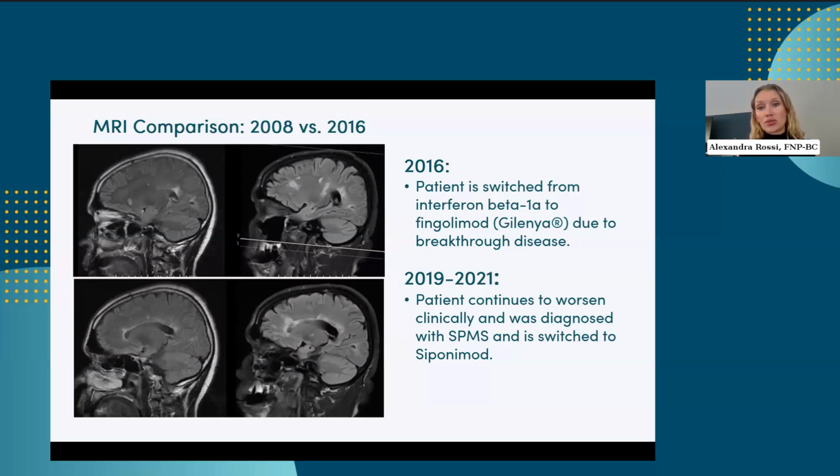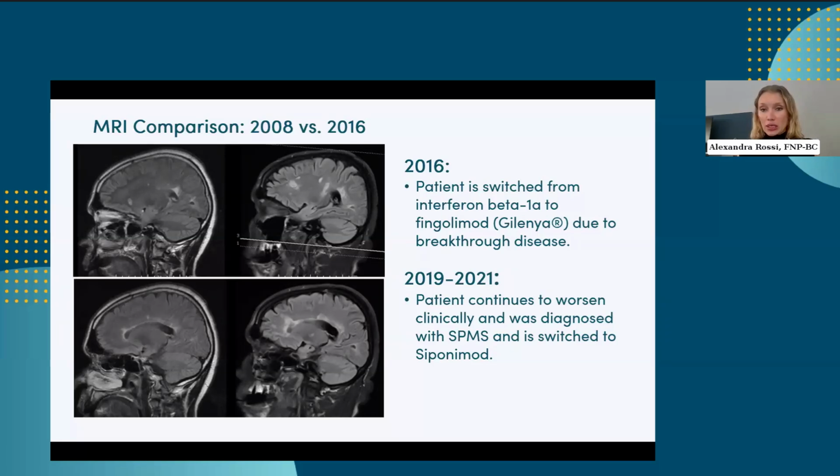So what did the neuroimmunologist do? In 2016, the patient was switched over from the Avonex with interferon beta because of this progression to a higher efficacy drug, right? And at that time, fingolimod was a higher efficacy drug, and this was due to breakthrough disease, new lesions on MRI.